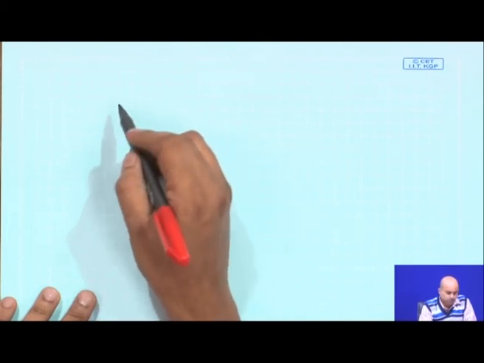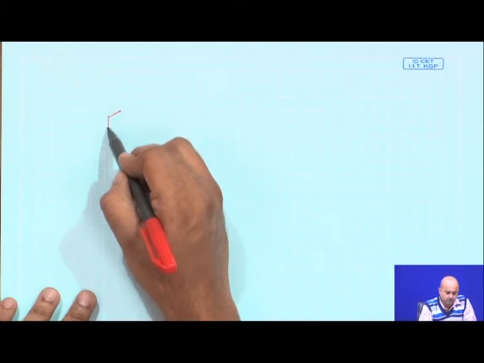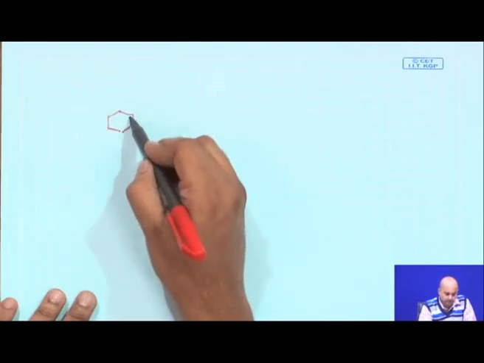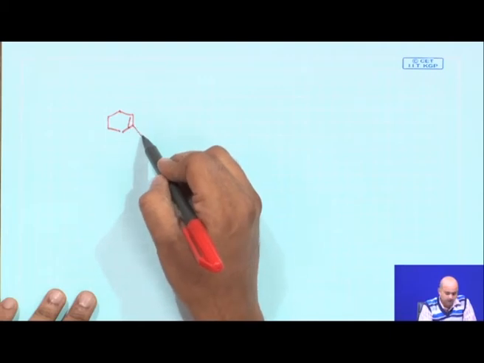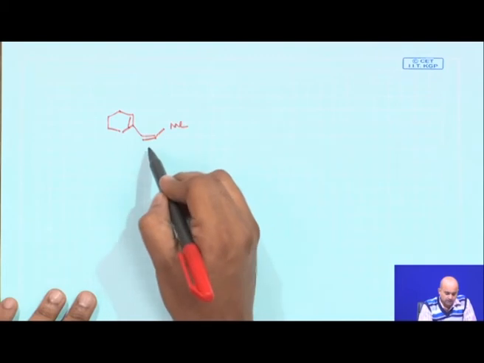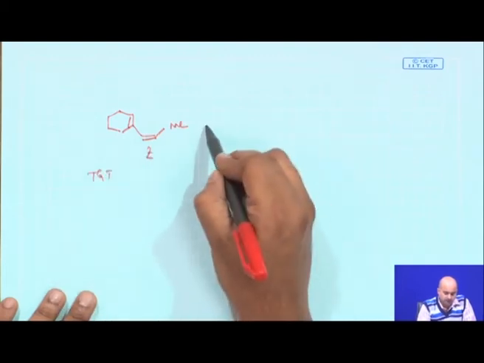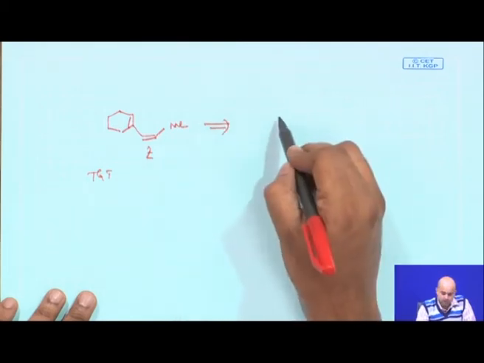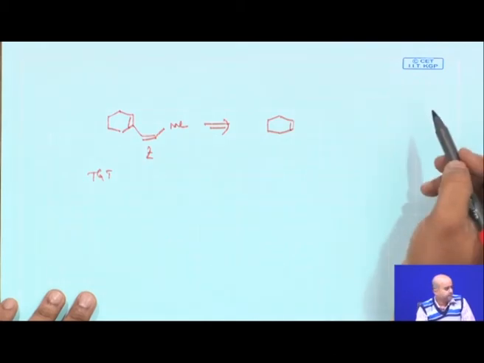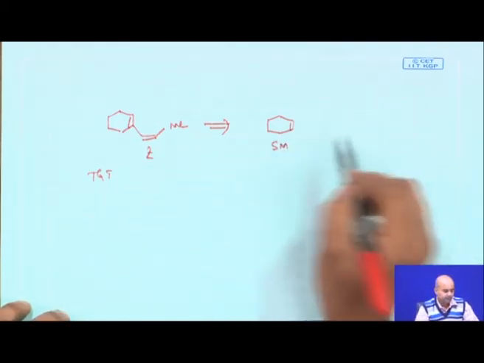We will be stopping our discussion by discussing a very simple target molecule. The target molecule is basically something like this, where the double bond geometry is cis, and the starting material which was given to you is a cyclohexene.